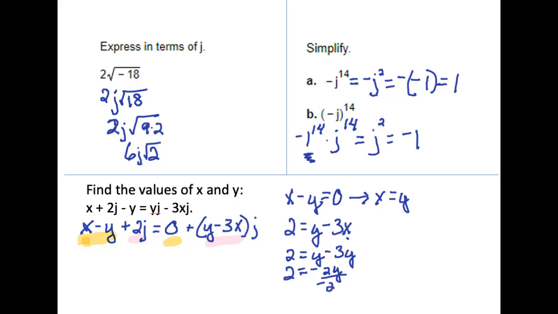So my answer for y is negative 1. Once I know that y equals negative 1, that's one of my two solutions, then I can go back and plug it in to the equation we started off with, and now I know x equals negative 1, because it's equal to y. So those are the values of x and y in that system of two equations and two unknowns. I hope this helps.